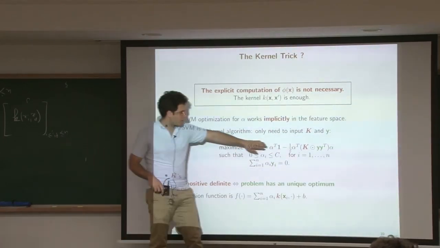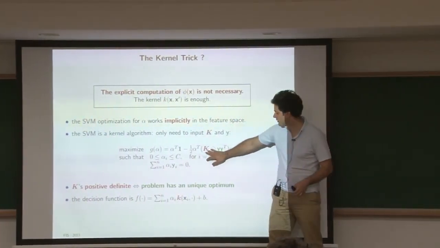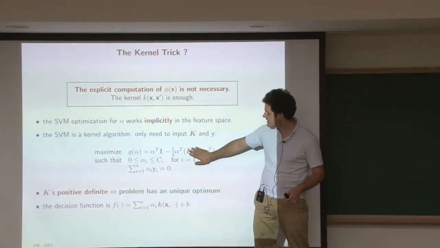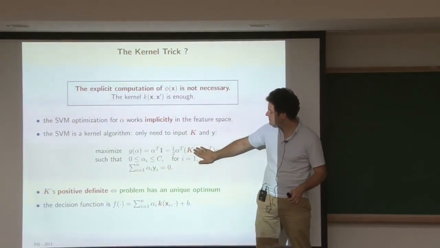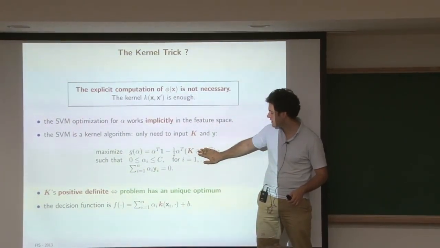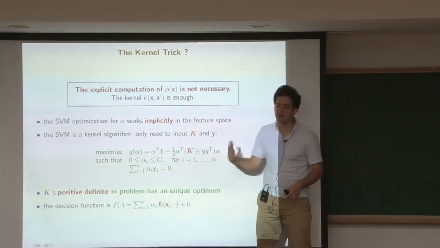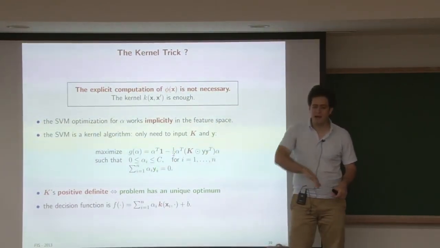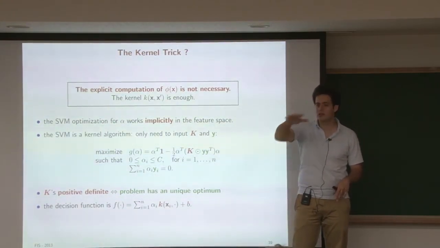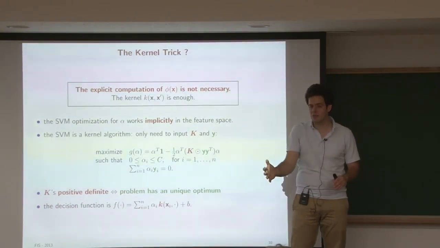So for a second, ignore the labels. This is a Schur product of the Gram matrix with the labels. But just ignore this for a second. If this here is positive definite, then this becomes negative, and then you can maximize. Sorry, my example should have been the other way around. Minus of a quadratic function with an x squared term, maximizing an inverted parabola is possible.